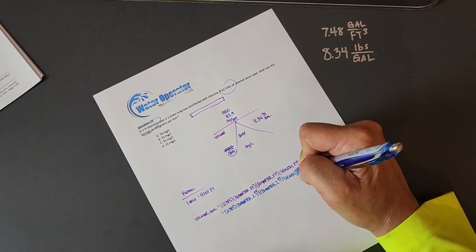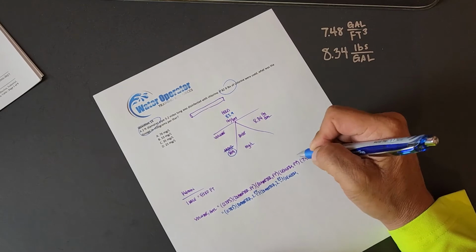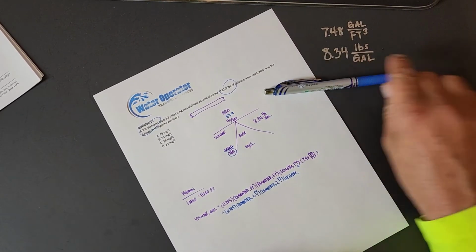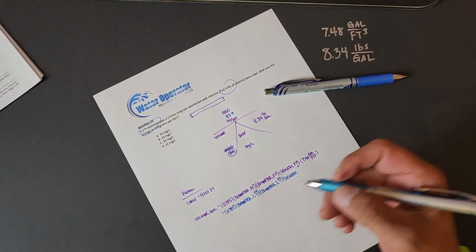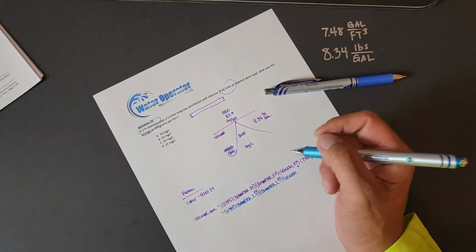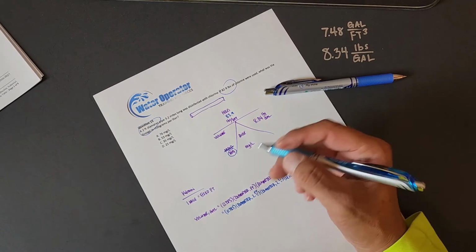Now we're going to multiply it by the length. But the length needs to be in feet. What do we do? Well, we know we have a pipe that's 3.2 miles long.